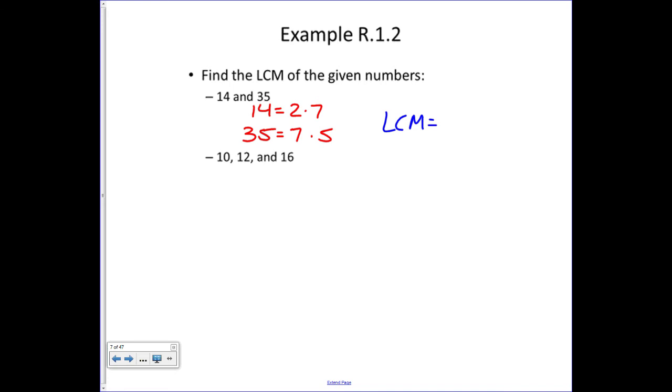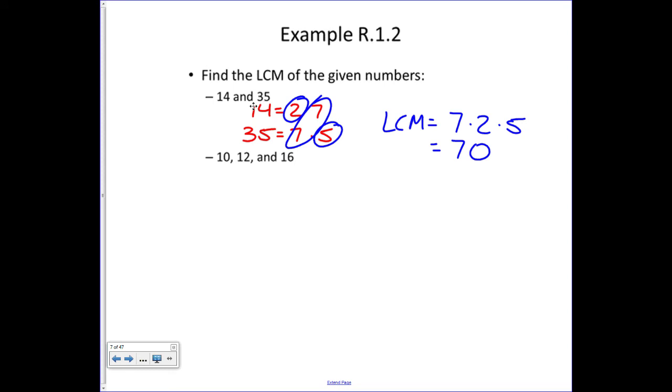Well, 7 appears once in each one, and so we just need to write 7 one time. 2 appears once, and 5 appears once. And so our least common multiple, if we multiply all of this together, is going to be 70. Least is kind of a misnomer. It's going to be bigger than the numbers on the list.